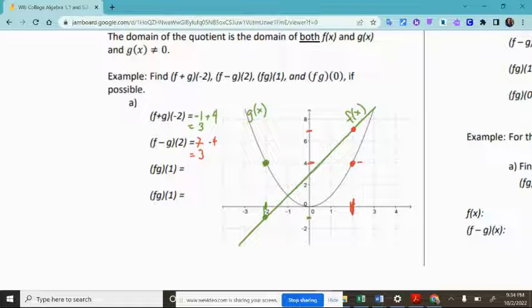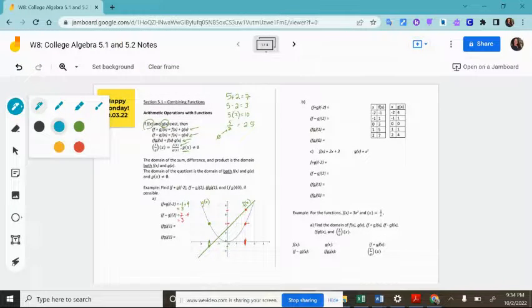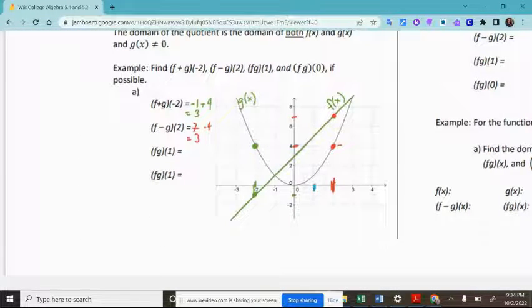F times g of 1, new color. So first we're going to look at when x is 1, what's happening. So f looks like it is 5. This time it says to multiply that times g, which it looks like is 1. So we get 5.